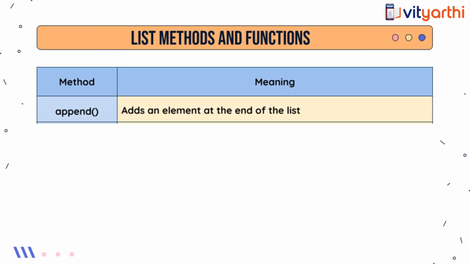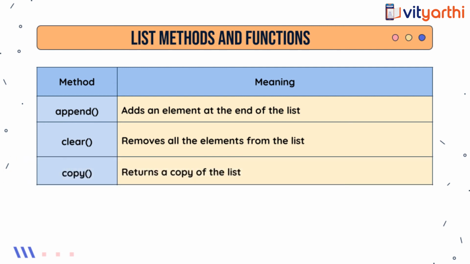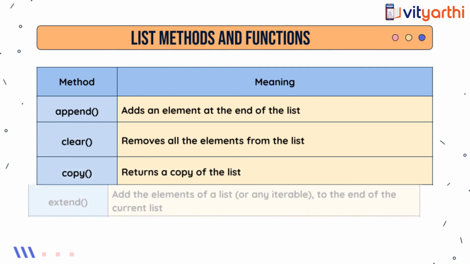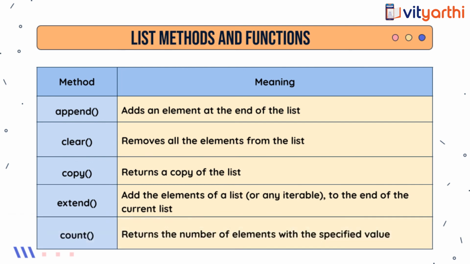Let us go through the methods and functions of the list. Append method adds an element at the end of the list. Clear method removes all the elements from the list. Copy method returns a copy of the list. Extend method adds the element of a list or any iterable to the end of the current list. Count method returns the number of elements with a specified value.